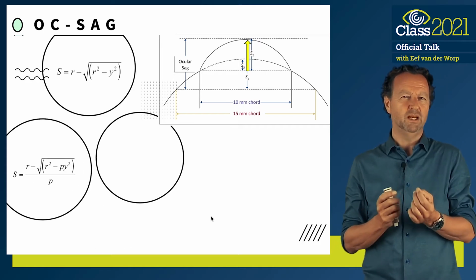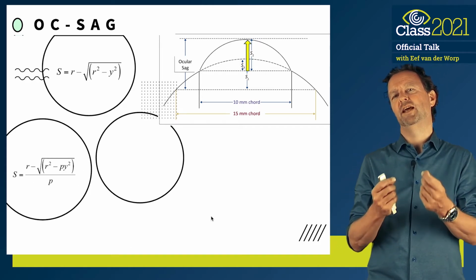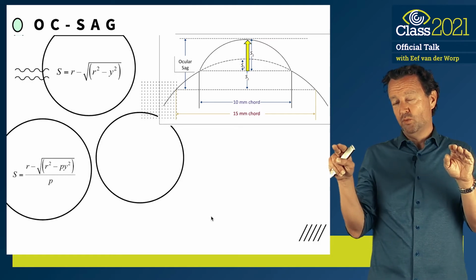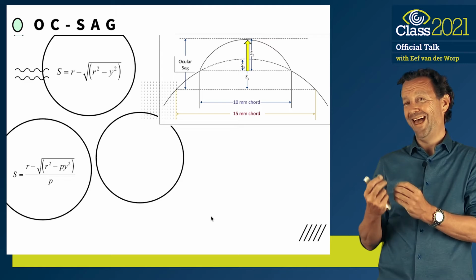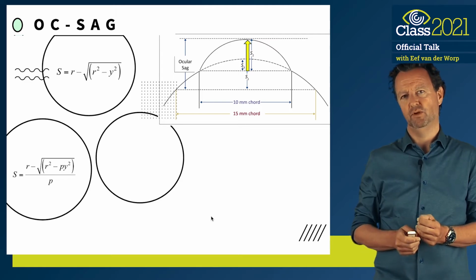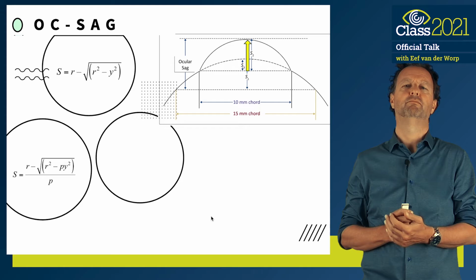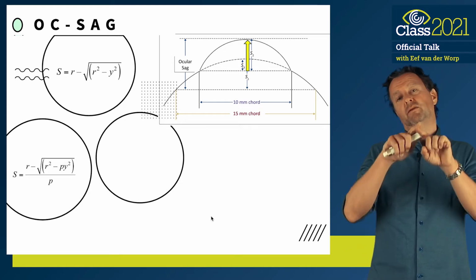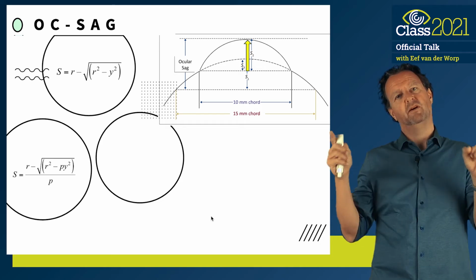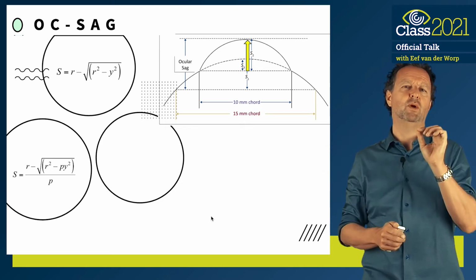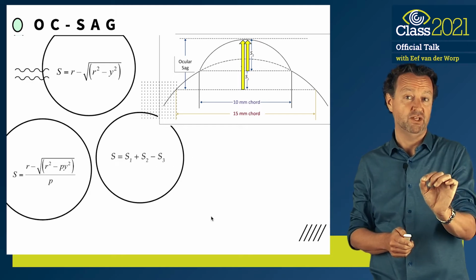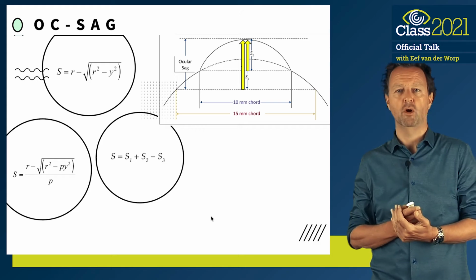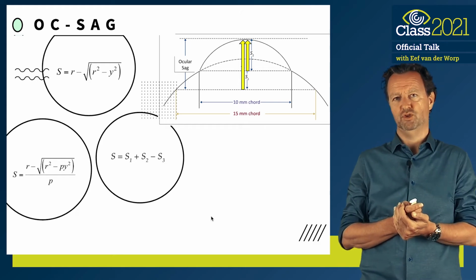It becomes a little more complex if you add in the flavor of eccentricity. We know the cornea flattens from the center towards the periphery, so if you want to add that, you can put that into the formula. Still manageable. But then the cornea has a different curve and diameter than the part on the sclera. So you would have to calculate it twice, once on the cornea and once on the sclera, to get the full scope of that anterior ocular surface shape.